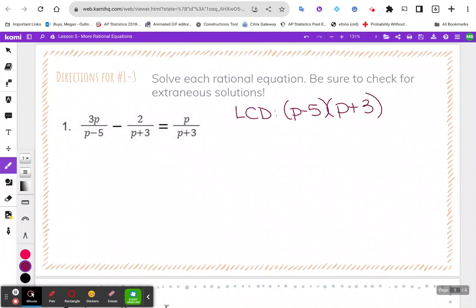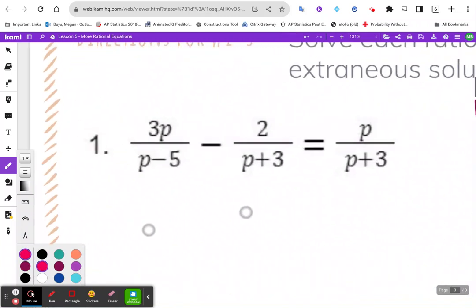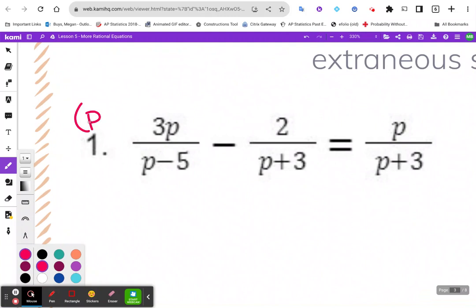So I've got p plus 3 twice in the denominator. I got p minus 5 once. So remember, I'm just going to zoom in here. I'm multiplying both the numerator and the denominator by that term that is missing here. I'm going to do the same, but this time I'll have p minus 5.